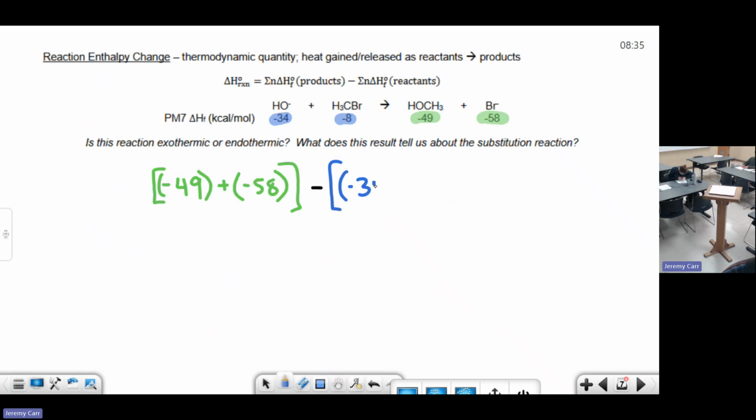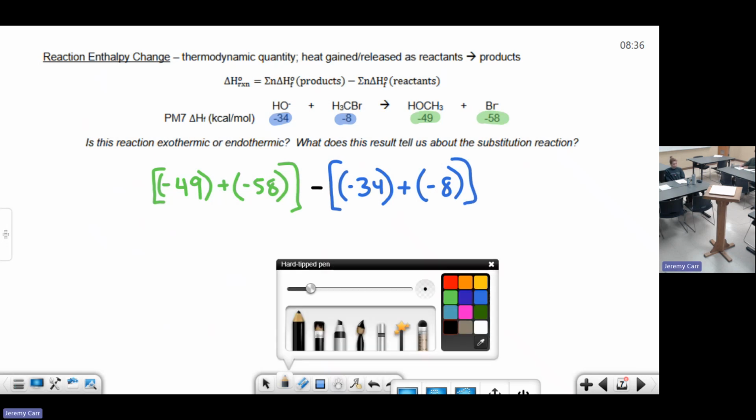So this is negative 34 plus negative 8. All right, so let's do the math really quickly. I have my trusty calculator right here. Negative 49, I'm going to add negative 58 to that. And then I am going to subtract negative 34 and then negative 8.